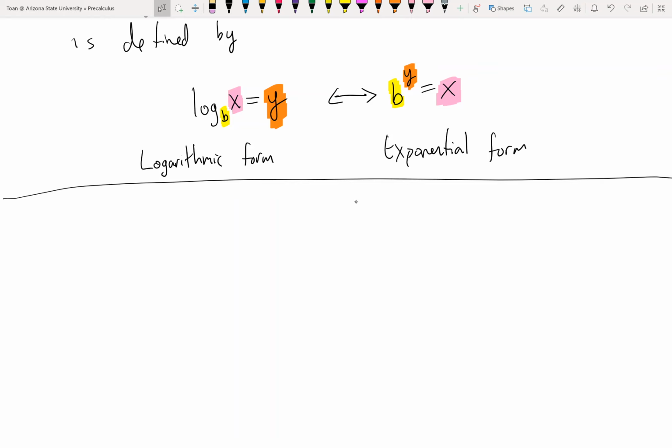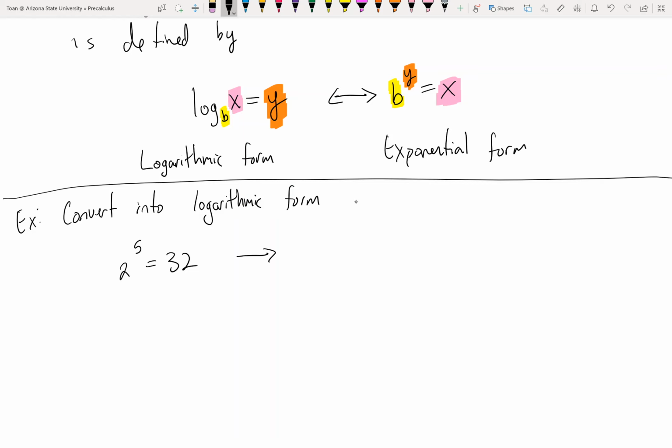So let's write down a true statement involving exponents and convert it into logarithmic form. I know it's true that 2 to the 5th power equals 32. If I want to convert this into logarithmic form, I need to focus on the exponent, because that is what a log is.